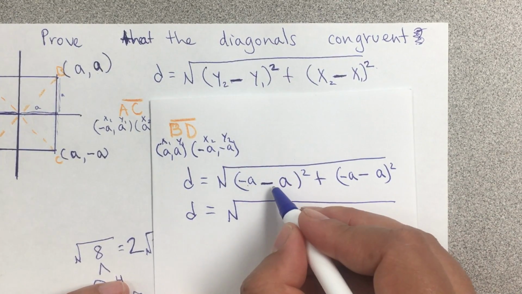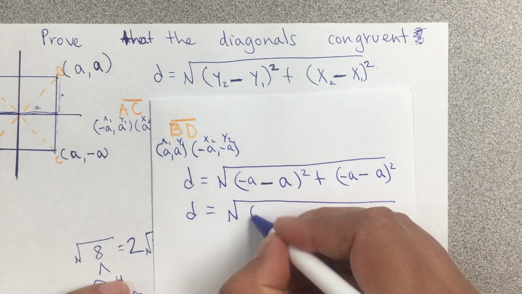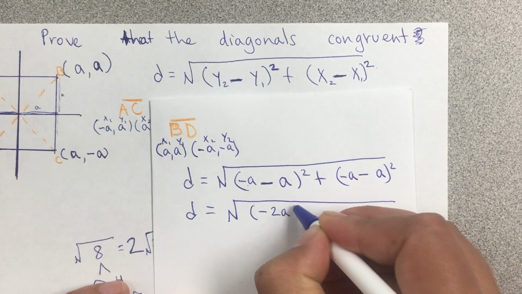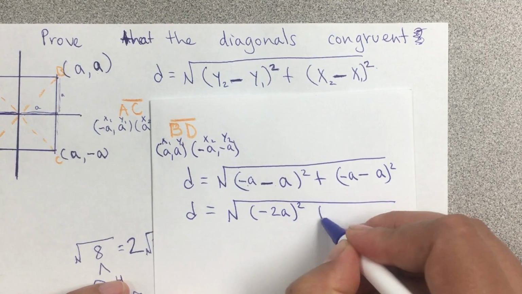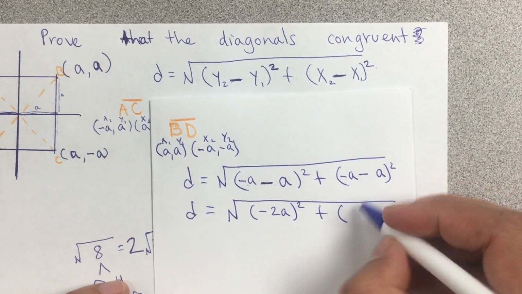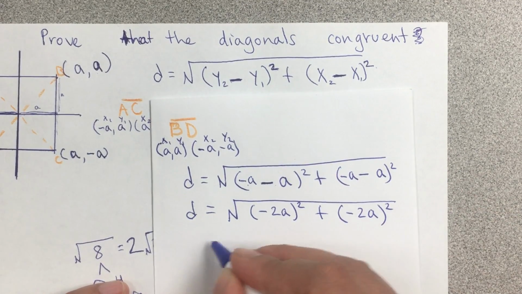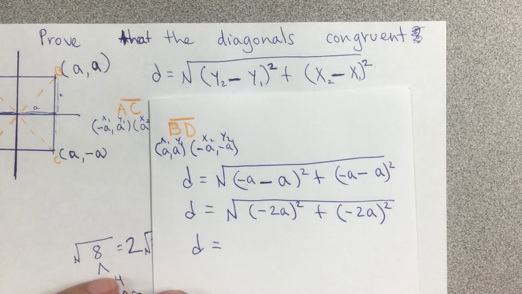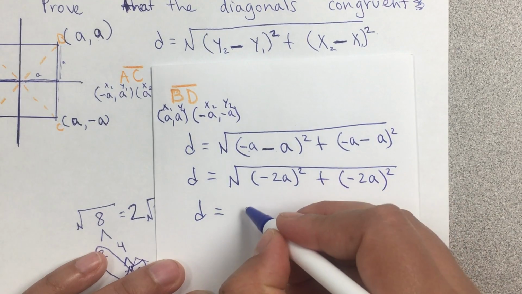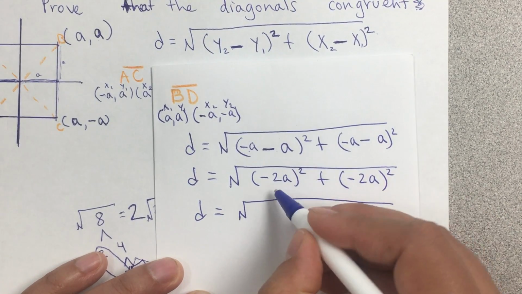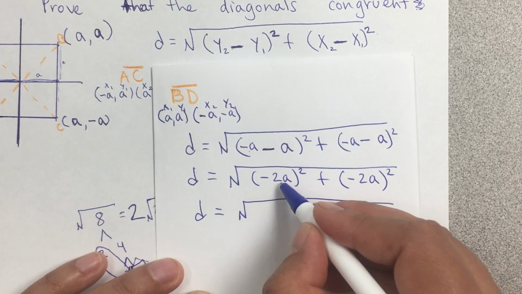Then we have negative a minus a, which is negative 2a. Bring down the square. That becomes negative 2a times negative 2a.